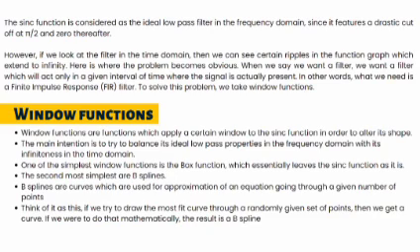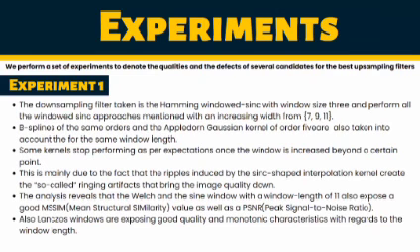So I'll be explaining some experiments conducted on the above observations, or the things that we have learned till now. Coming to the first experiment, the downsampling filter in this experiment is the Hamming windowed sinc with window size 3, and it performed as all the windowed sinc approaches mentioned, with increased width from 7, 9, and 11.